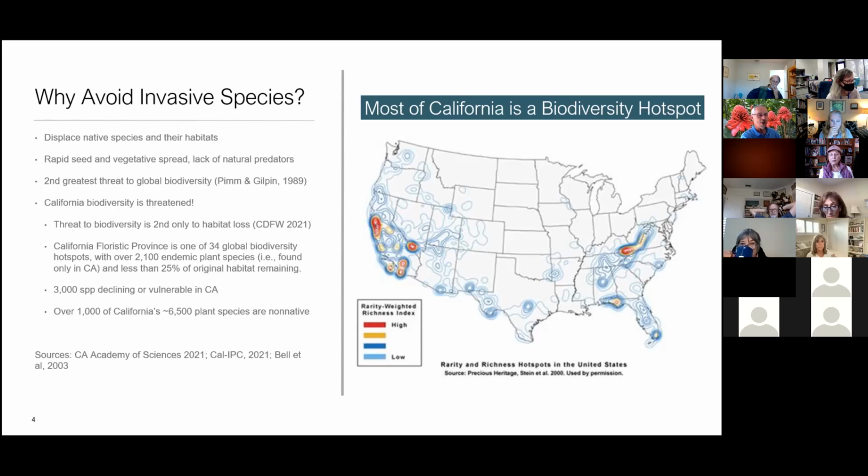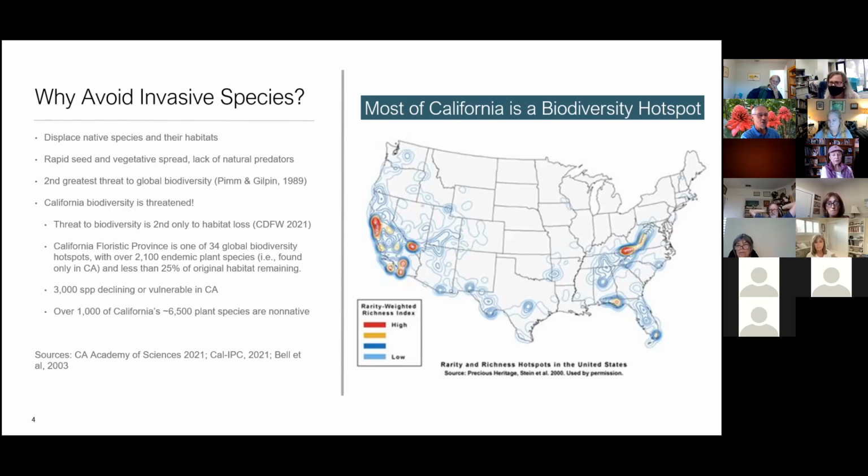What makes it a hotspot is the high number of plant species that are only found in California, nowhere else on the planet. Over 2,000 plant species found only in California, and less than 25% of the habitat is remaining due to all the conversions that have occurred in California. So that's what makes it a hotspot.